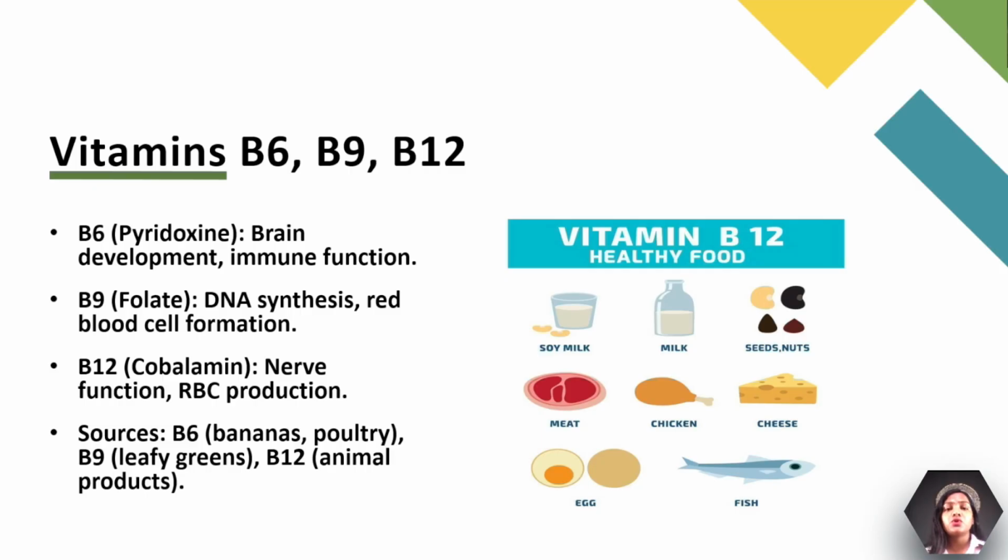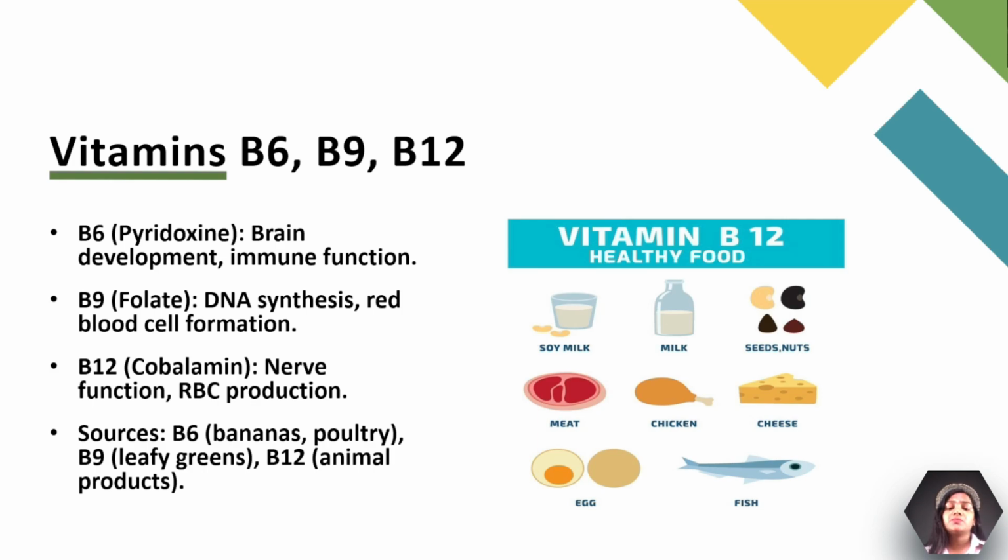Now talking about the sources. Vitamin B6 is mainly present in banana and poultry, vitamin B9 is present in leafy green vegetables, and vitamin B12 can be obtained majorly from animal sources, whether from dairy products or non-veg food.